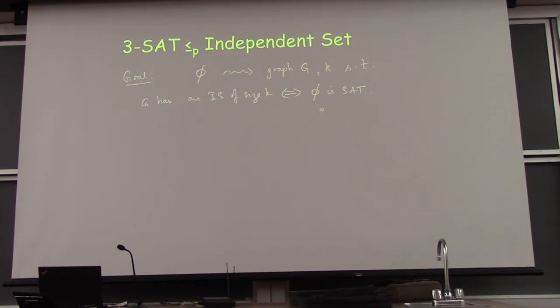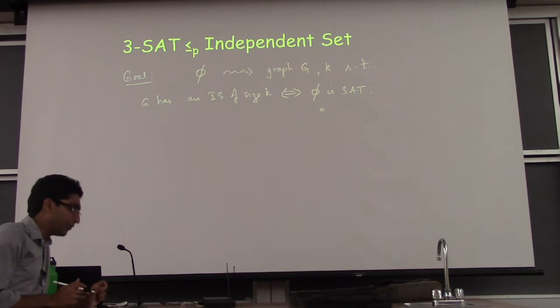So this is what we mean by reduction. This shows that if you can solve independent set efficiently, you can solve 3SAT efficiently. Since we believe 3SAT cannot be solved efficiently, this is an indication that independent set cannot be solved efficiently. So that's the context for this.